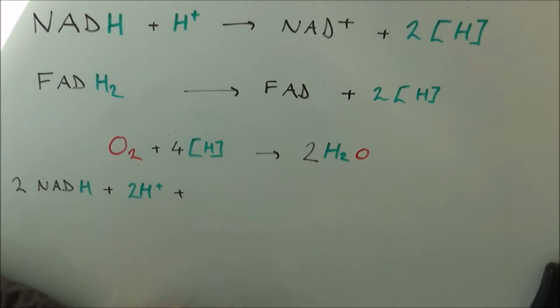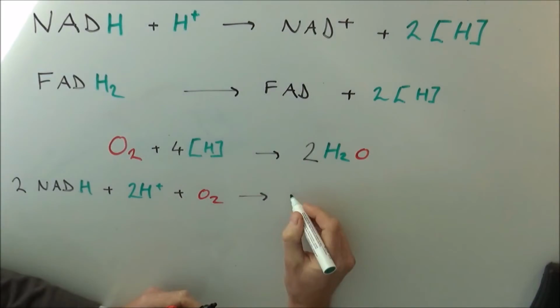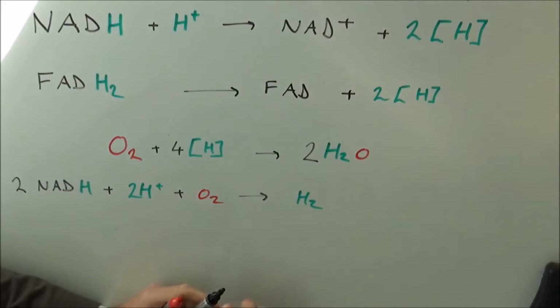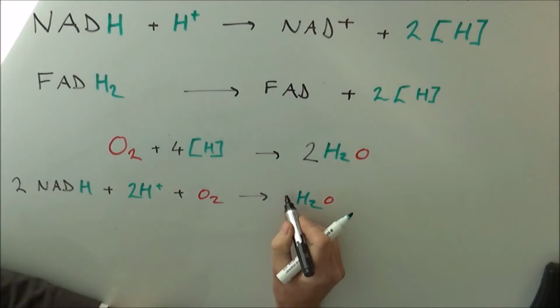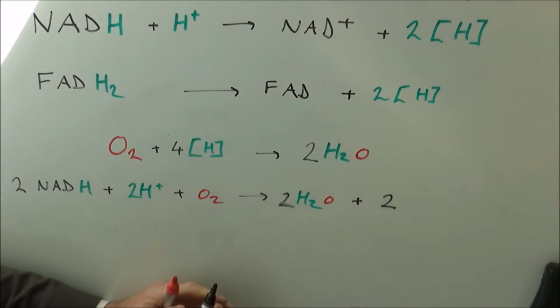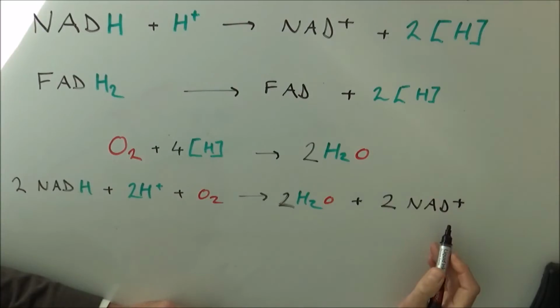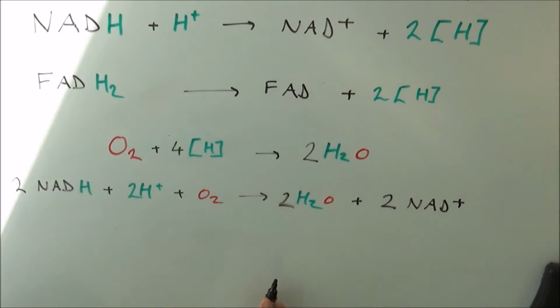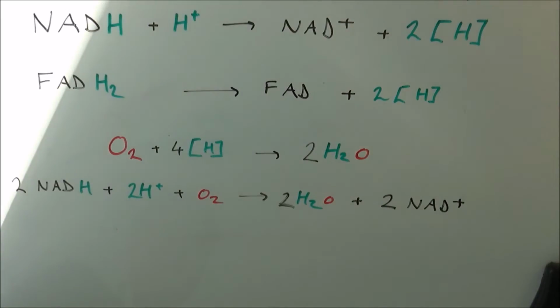They react with oxygen and that gives us 2 molecules of H2O, plus 2 NADs in the oxidized form. So I'll just check that: 2 pluses on that side, 2 pluses on that side. So you could just write NADH2 if you wanted, and NAD there at A level, that would be fine.